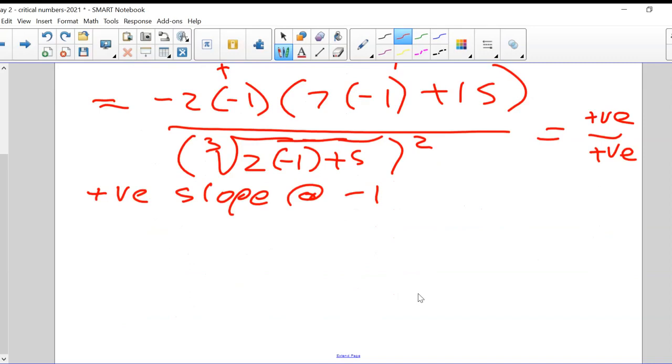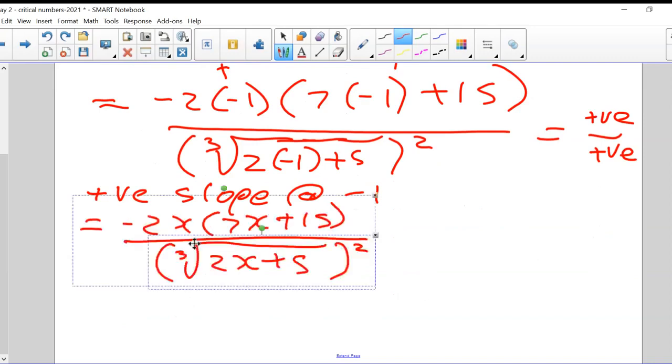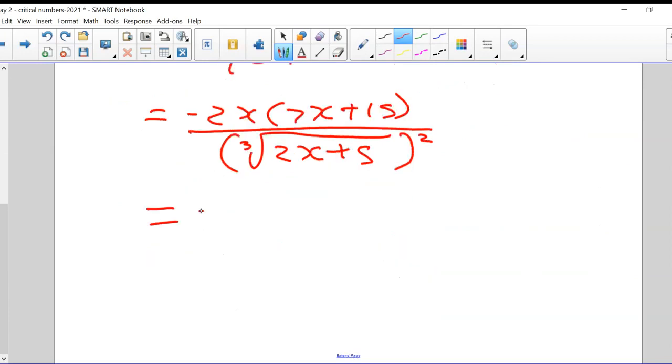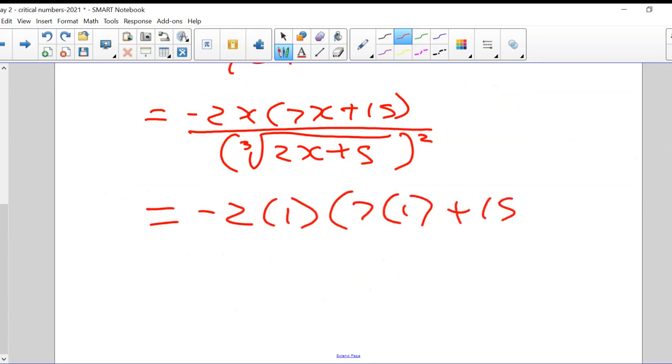Let's do the same thing now. So the same thing, I'm going to copy it again. So here's our derivative again. But now we're putting in +1 into this. So that's equal to -2 times +1, 7 times +1 plus 15. And I'm not, again, going to concern myself with the denominator, because the denominator we know is positive.